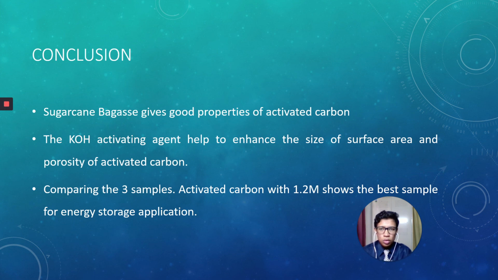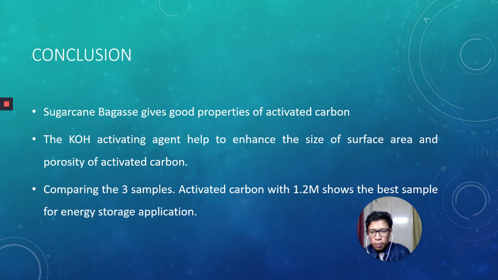Okay, so the conclusion for this project is that sugarcane bagasse gives good properties of activated carbon. The activated carbon produced consists of good properties. Next, the KOH activating agent helps to enhance the surface area and porosity of the activated carbon.